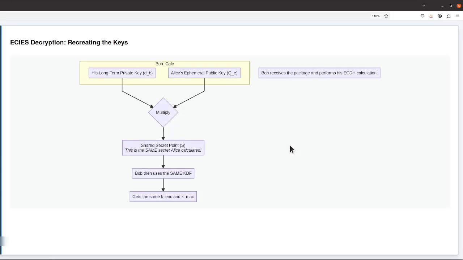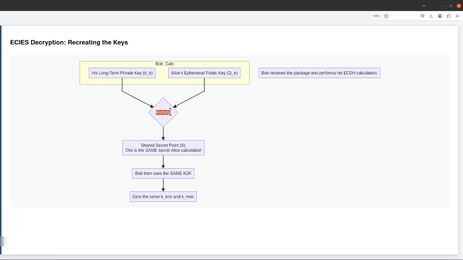ECIES decryption. Recreating the keys. When Bob receives the package, he reverses the process. He takes his own long-term private key, D_B, and Alice's ephemeral public key, Q_E, which she sent him.